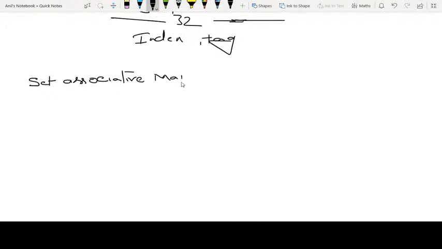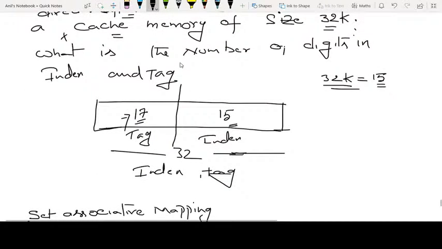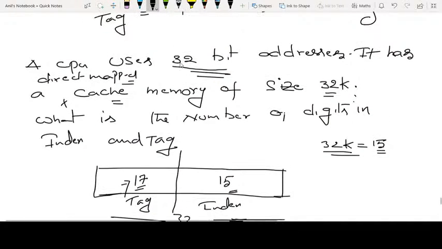Okay, this is the second mapping technique. I will take you to set associative mapping theoretically, but before that, let me enhance this previous question to set associative mapping. What if this question is revised as a set associative mapped cache?